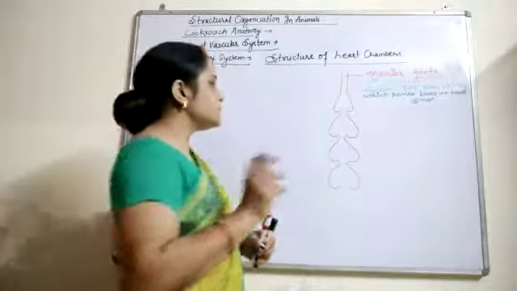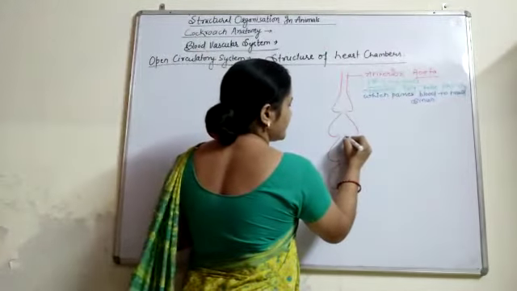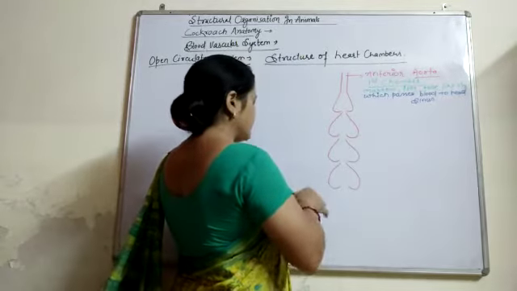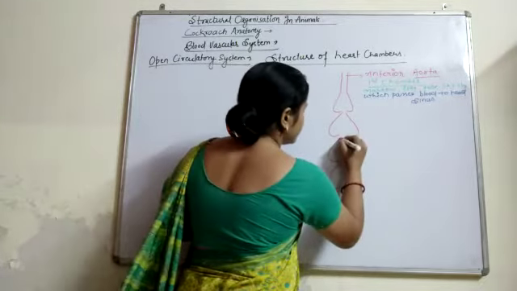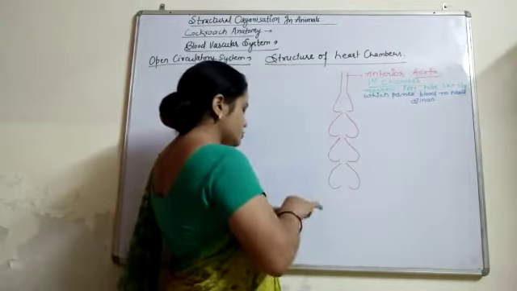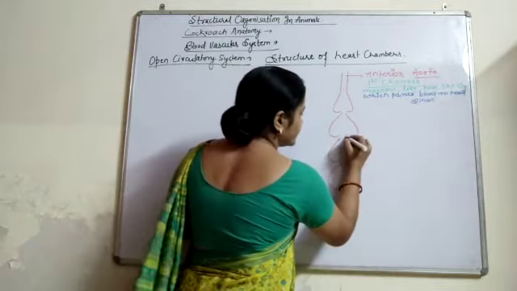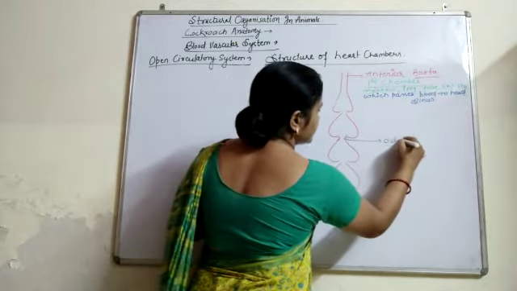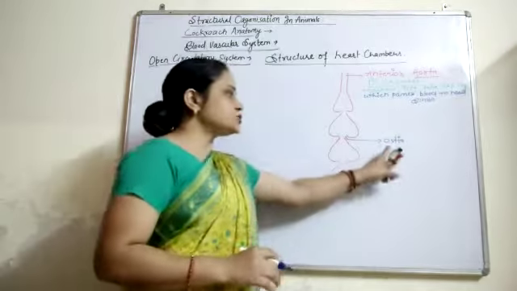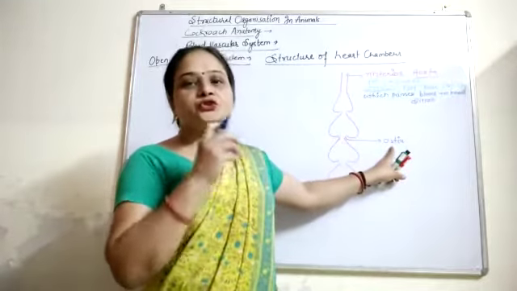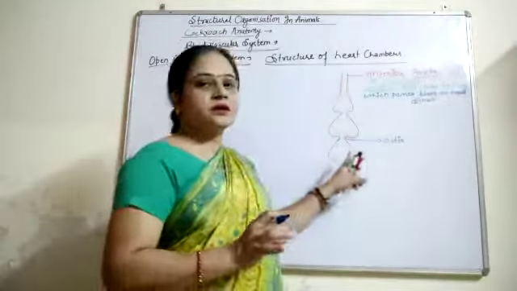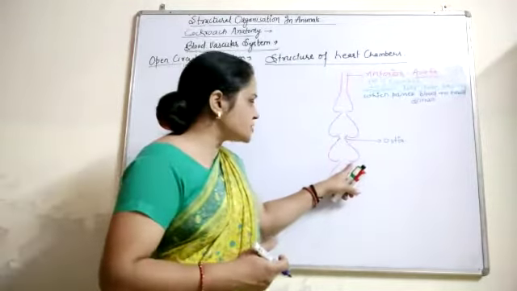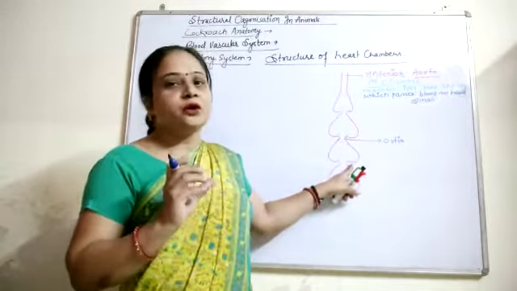And these are the openings named ostia, present at the posterior part of each heart chamber.